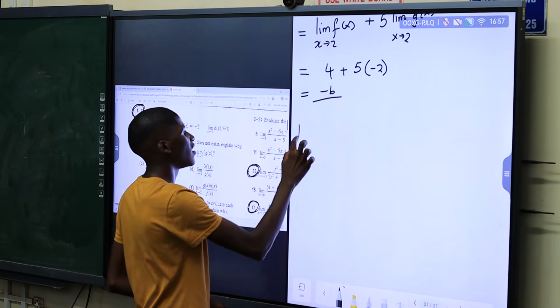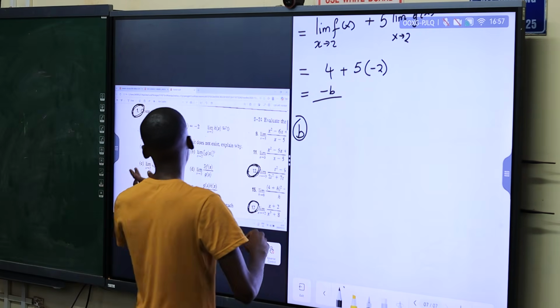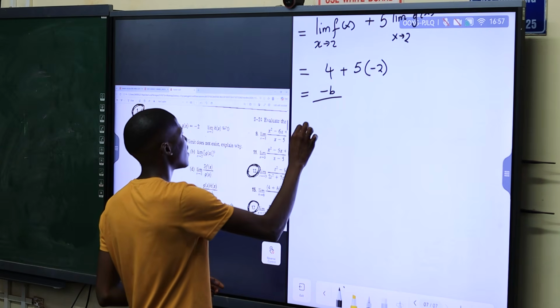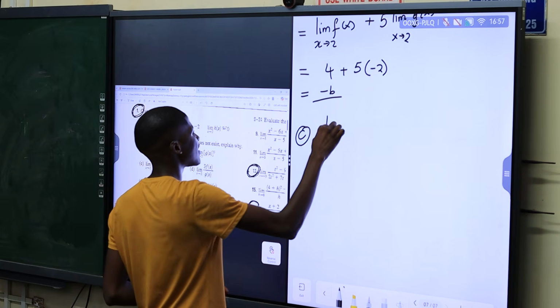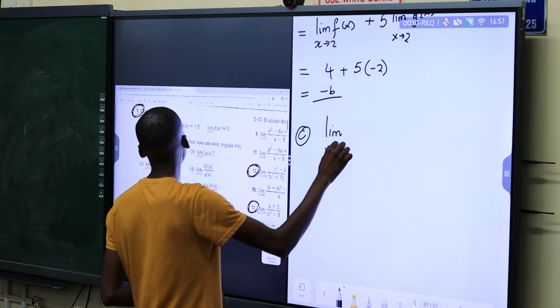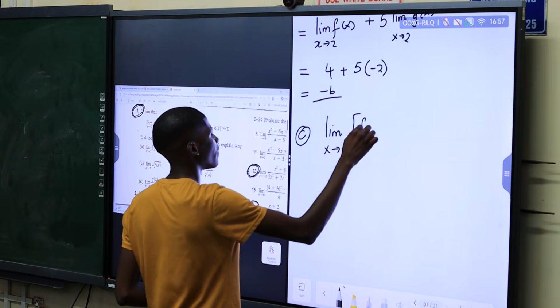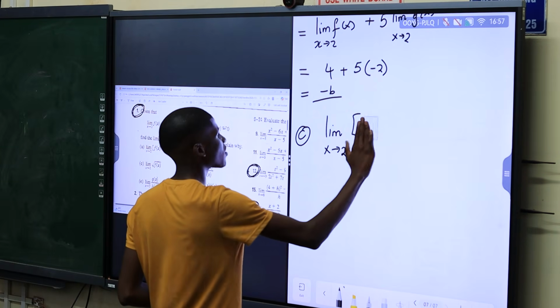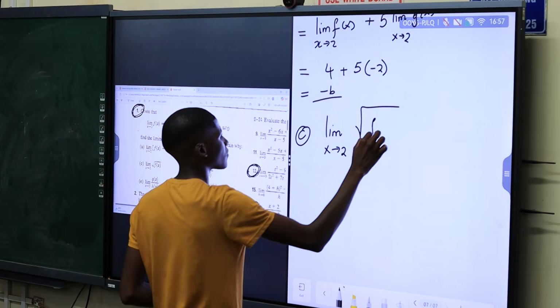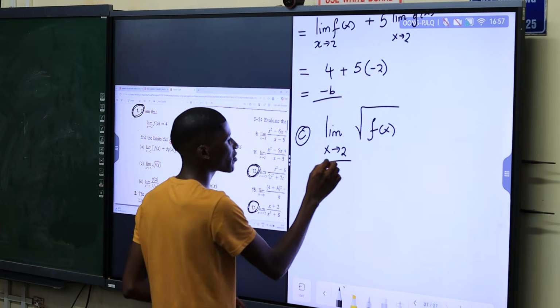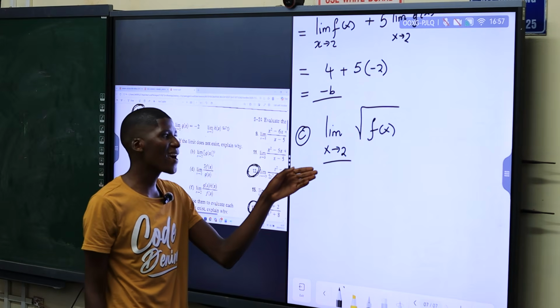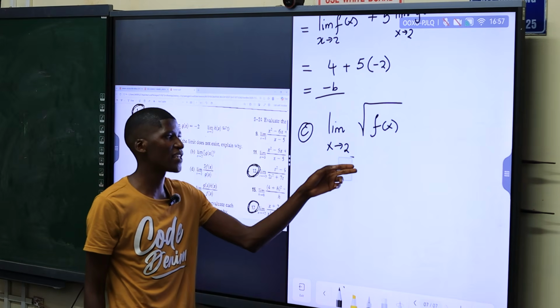So let's apply that for part C. What is the limit as x approaches 2 of the square root of f of x? Remember that x approaches 2 is important, because if I substitute another value, it won't be the same.